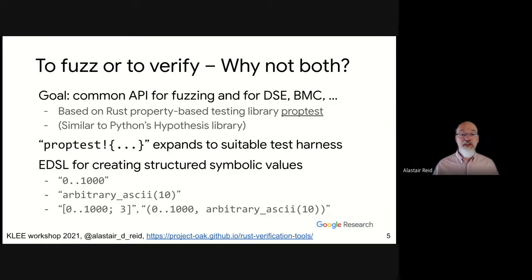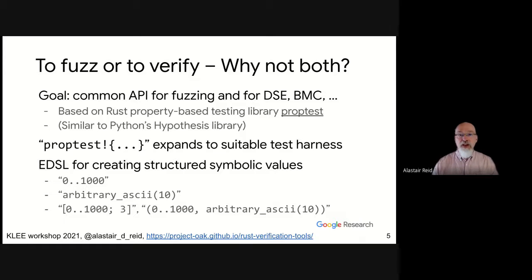We wanted to be able to create a single test harness which can be used for all of these different techniques, so that any investment you put into developing a good harness to use with KLEE, you can also use that harness with other verification tools or with a fuzzer. So we're trying to lower the incremental cost of using more advanced verification techniques.